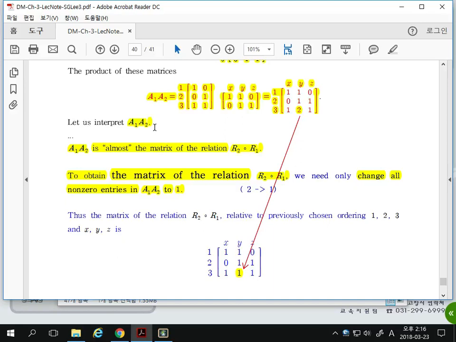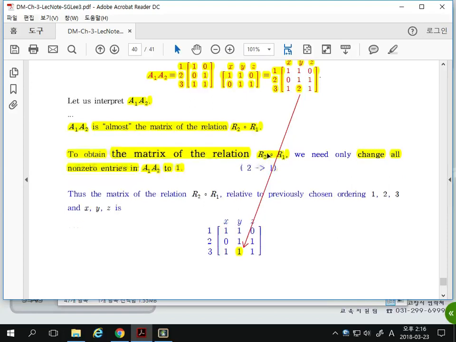So I want to define a matrix, the matrix representation of this composite relation R2 circle R1. But the definition of a relation matrix was a 0, 1 matrix.